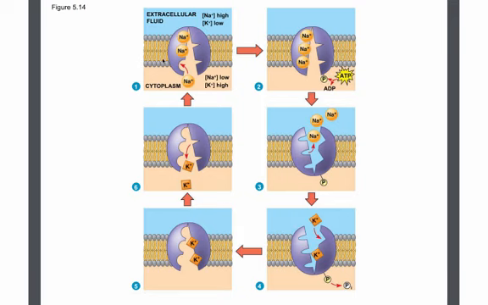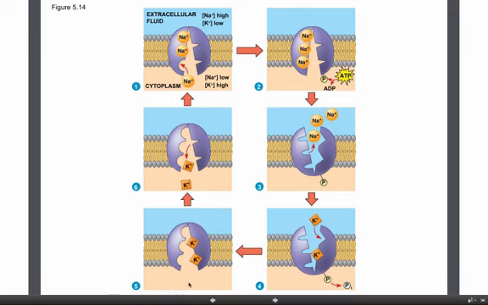And we're going to go through these steps in detail, but the basic idea is that this molecule, which is an integral membrane protein, again, is going to take 3 sodiums. It's going to push those sodiums against their concentration gradient towards the outside of the cell. And it's going to take 2 potassiums, push those potassiums against their concentration gradient towards the inside of the cell, and finish.